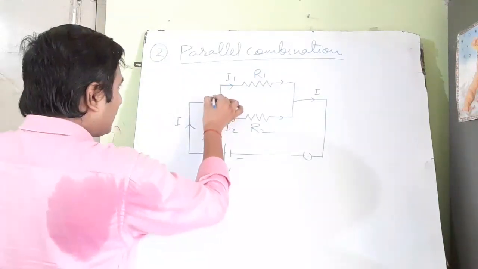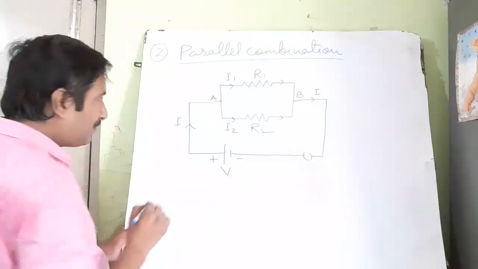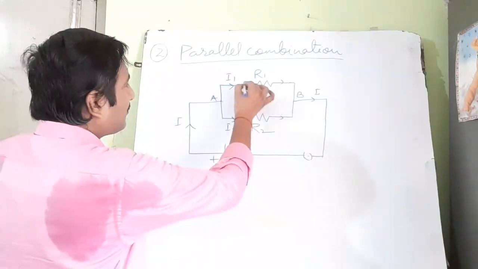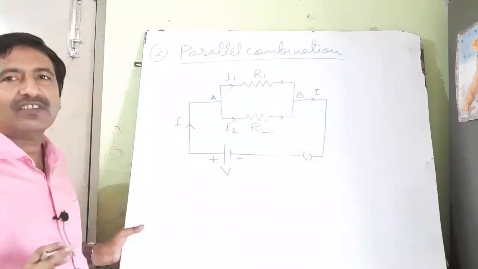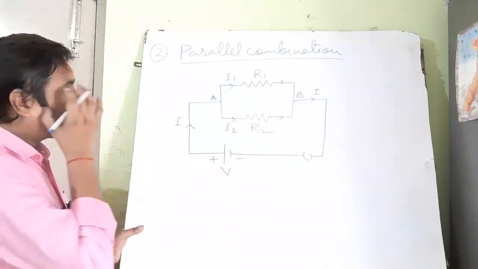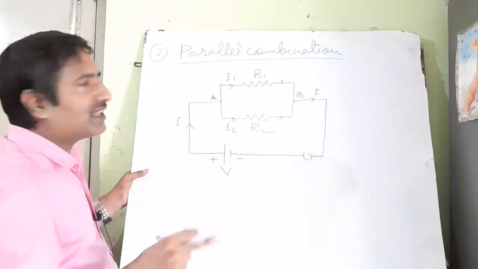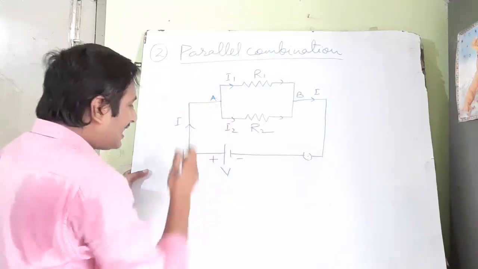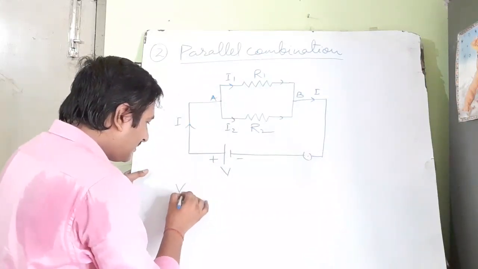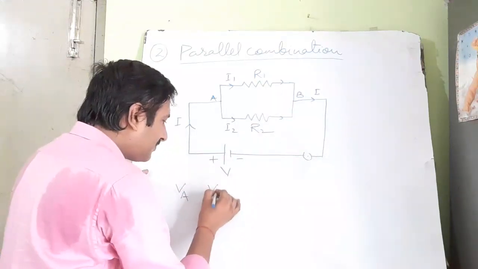This point is A, this point is B. You see, potential difference across R1, potential difference across R2. So potential difference across R1 can be measured in terms of potential at A and potential at B. Suppose potential at A is VA, and potential at B is VB.